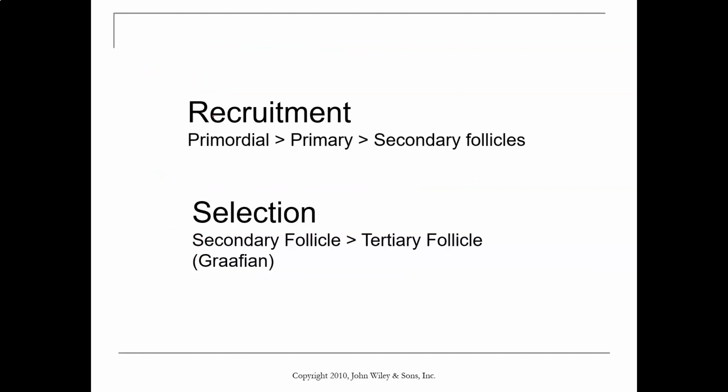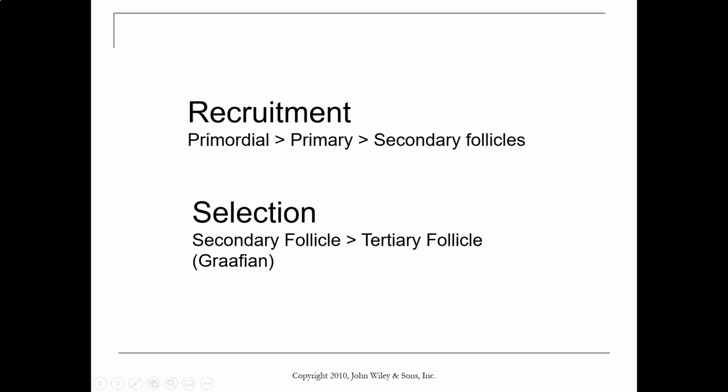Okay, now the next thing I'm about to tell you is not in your book, but I personally think it's helpful to use these 2 terms, recruitment and selection, when talking about the events that occur in the first half of the ovarian cycle, when the follicles are getting, some of them, not most of them, but some of them are going to develop.